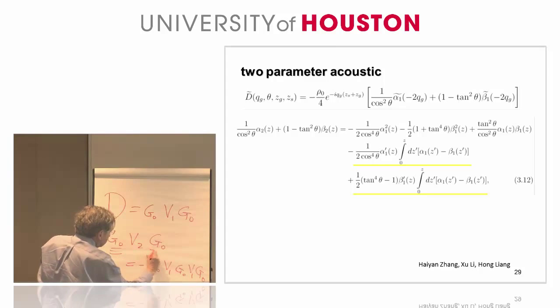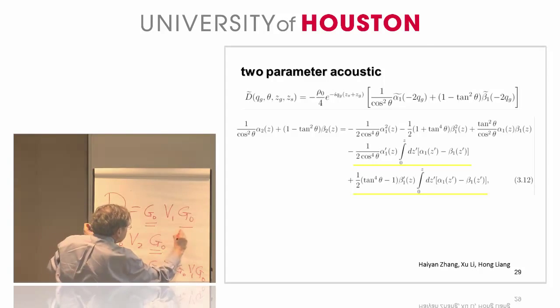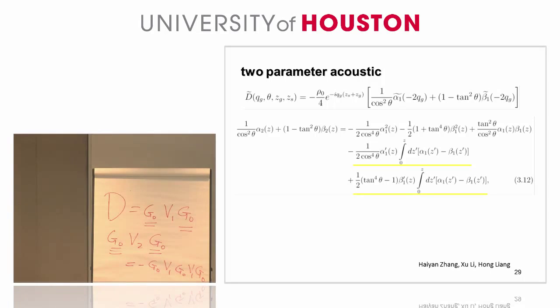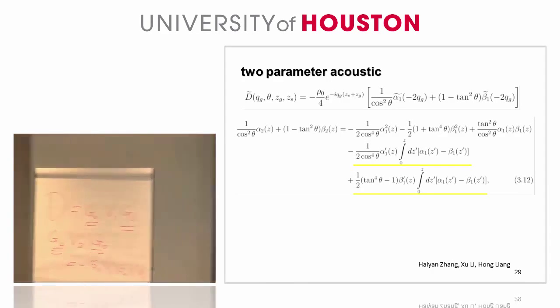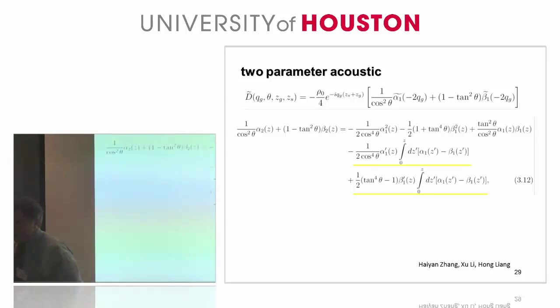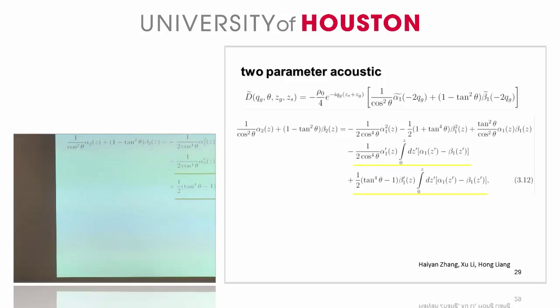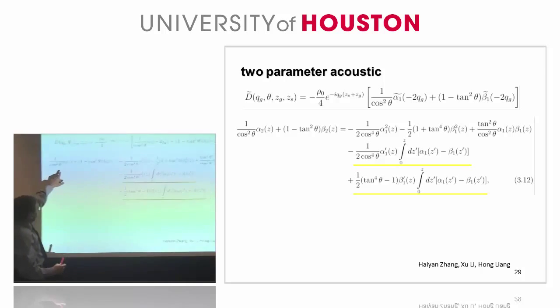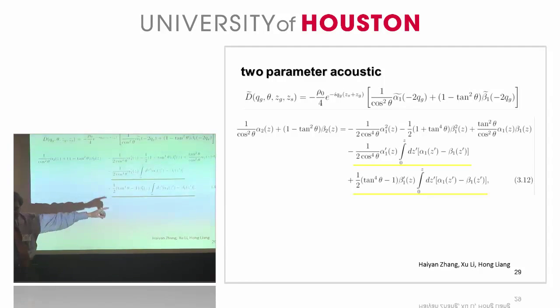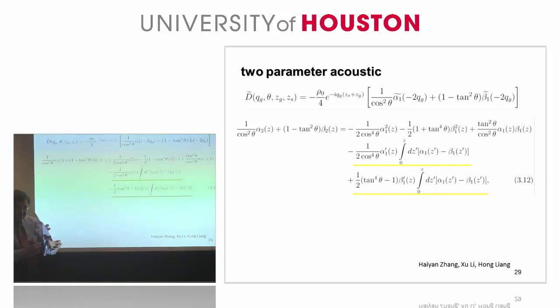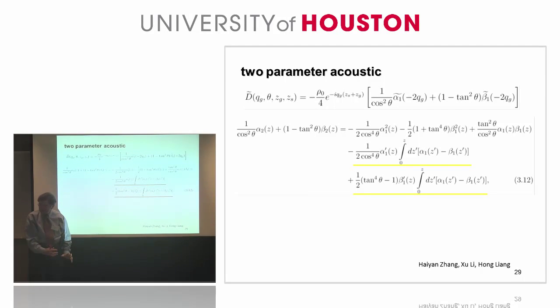Same guy here as here. How you invert to get alpha 1, beta 1 is exactly how you invert to get alpha 2, beta 2. Yes, that's what that says. Remember we said it's the same G0 all the way down the line.